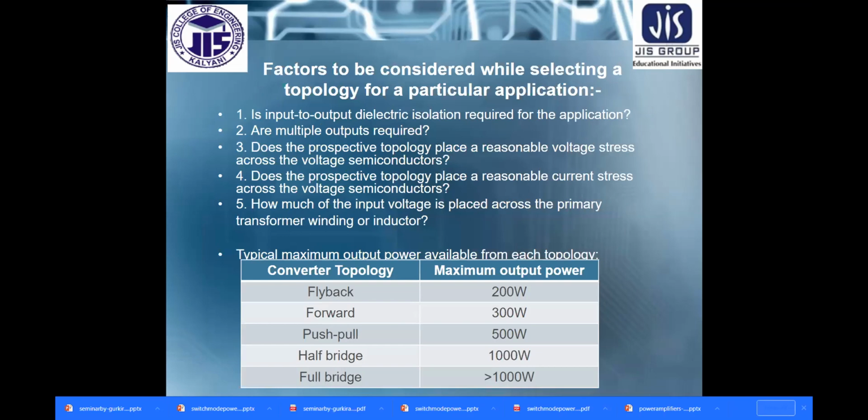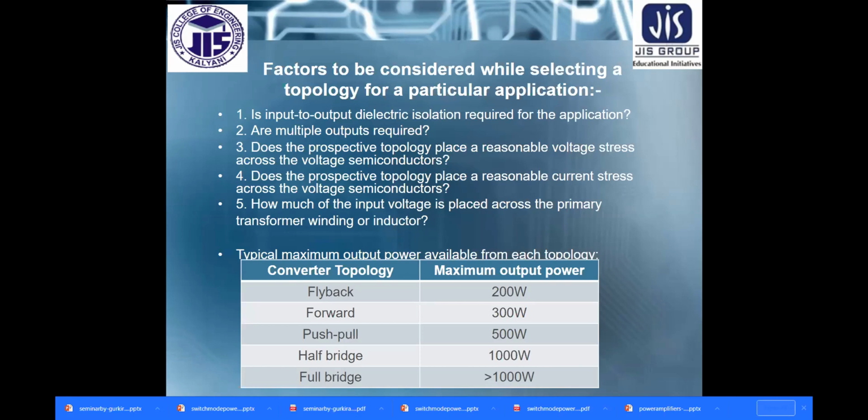Does the prospective topology place a reasonable current stress across the semiconductor? How much of the input voltage is placed across the primary transformer winding or inductor? So these are few considerations we need to keep in mind.